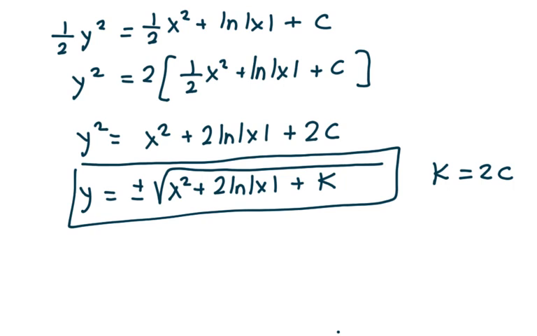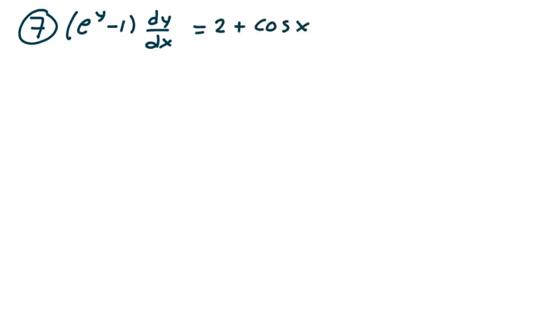Let's take a look at problem number 7. Suppose I give you the following. Suppose I get e to the y minus 1 dy dx on the left side, and on the right side we get 2 plus cosine x.